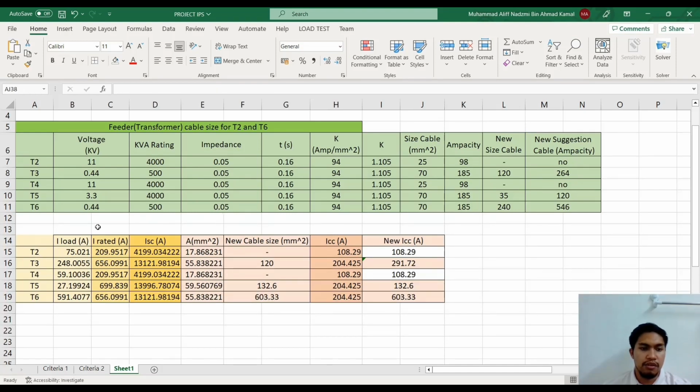By using the formula with the I load, I rated and I short circuit, the area of the cable can be obtained.